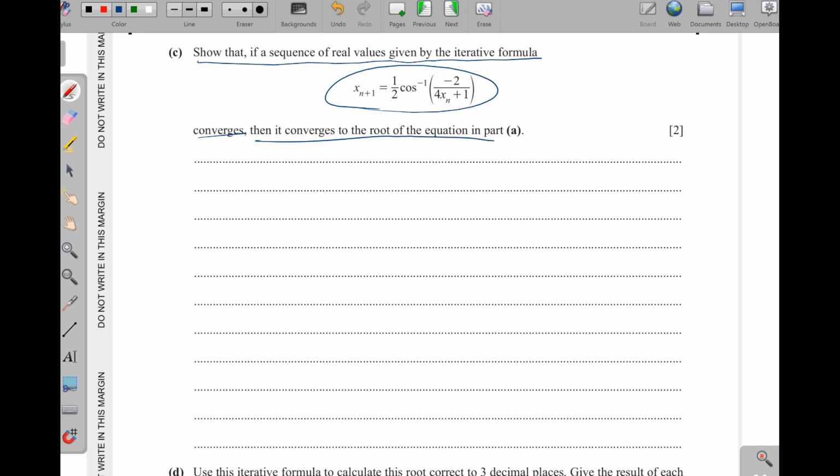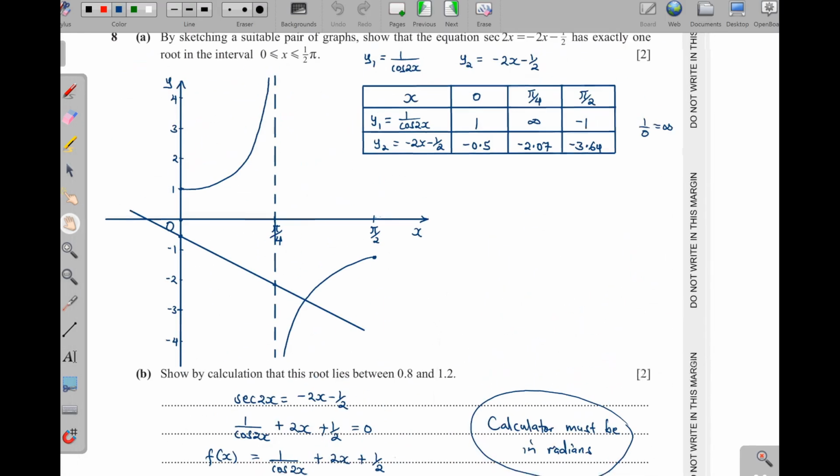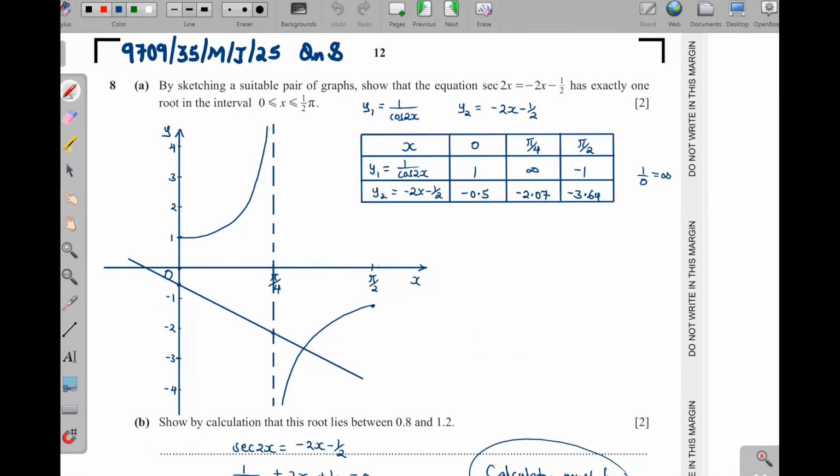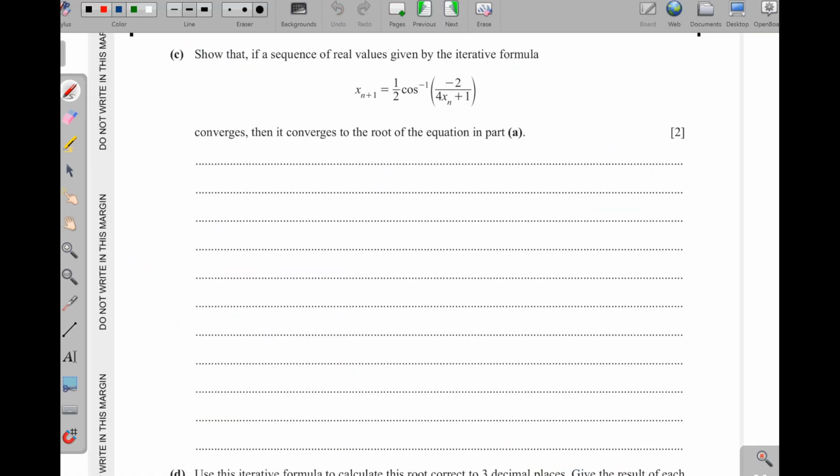There are two methods here. You can rearrange this to see that you get what we were having here, or you rearrange this one to get what is given here.